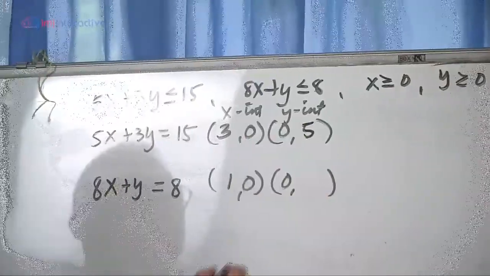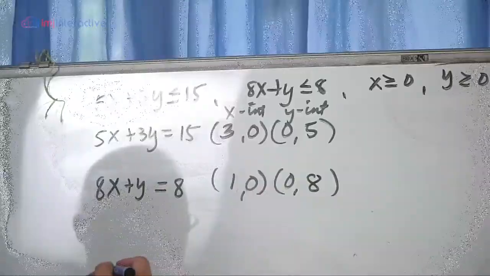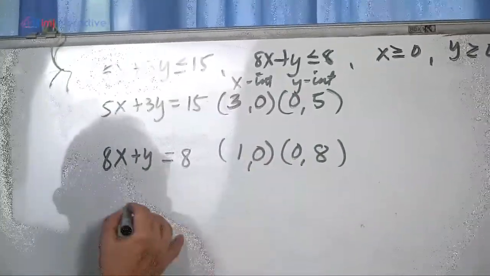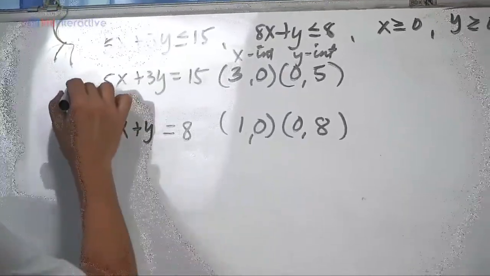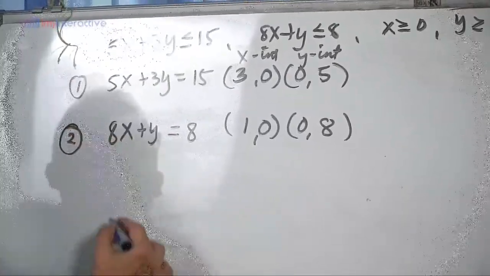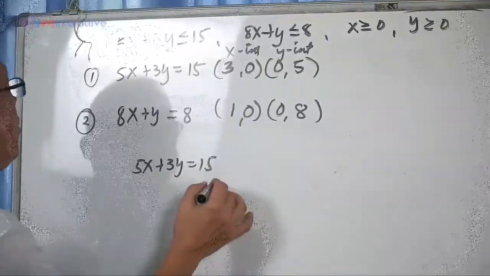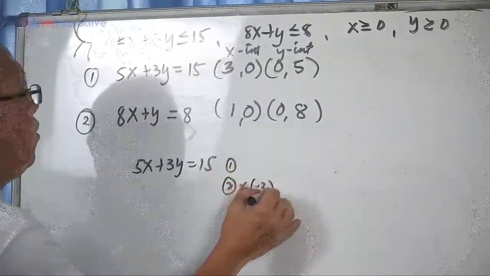For the second equation, y equals 8. Next, let's get the point of intersection of these two. So they will intersect. To get the point of intersection, let us solve. Let's call these equation 1 and equation 2. Copy equation 1. Multiply equation 2 by negative 3 to eliminate y.